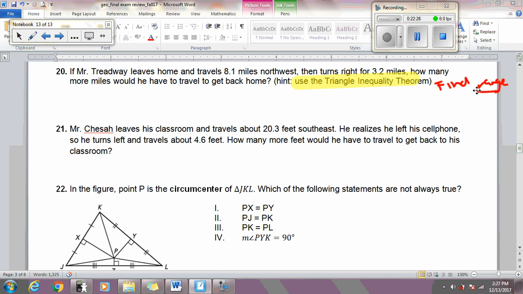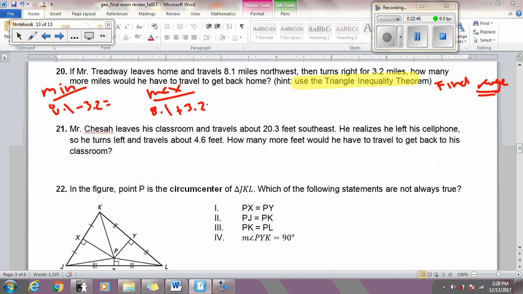To find the range of possibilities, you need a minimum and a maximum. To find the min, you take the two numbers and you subtract. So 8.1 minus 3.2. To find the max, you add 8.1 plus 3.2.